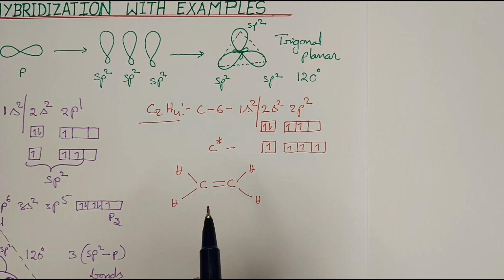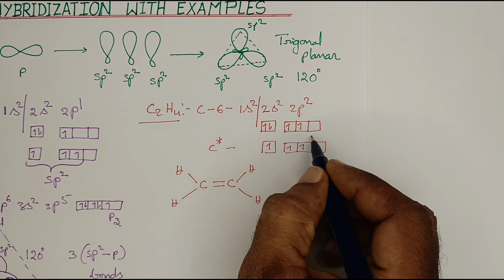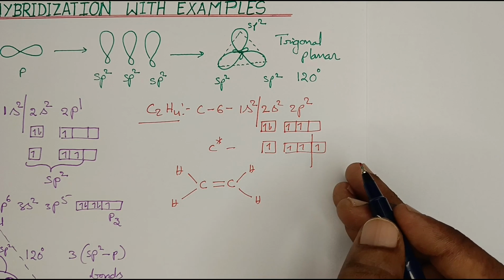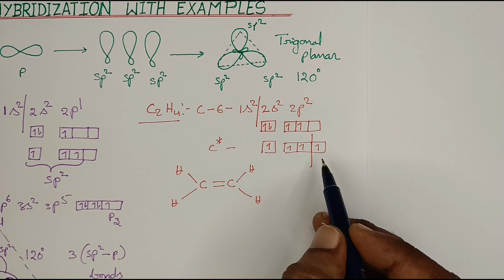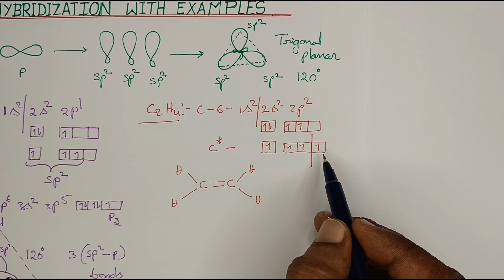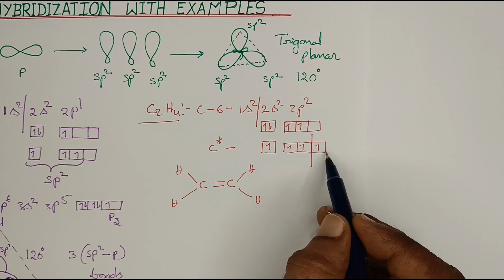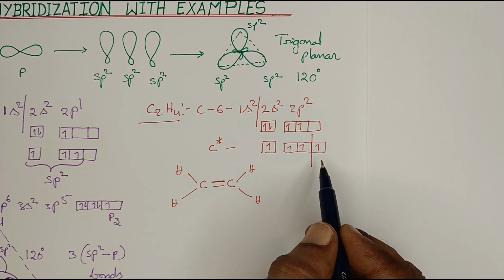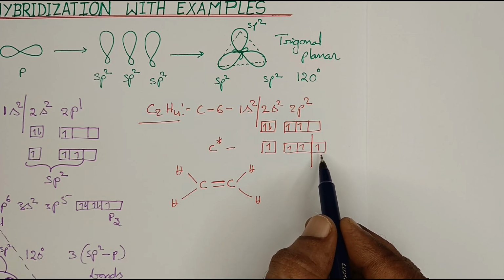So for 1 pi bond, we have to leave 1 electron from the right side. We are not entering this orbital into hybridization. So we are leaving this orbital to explain the pi bond. So for the pi bond, we are leaving 1 orbital.